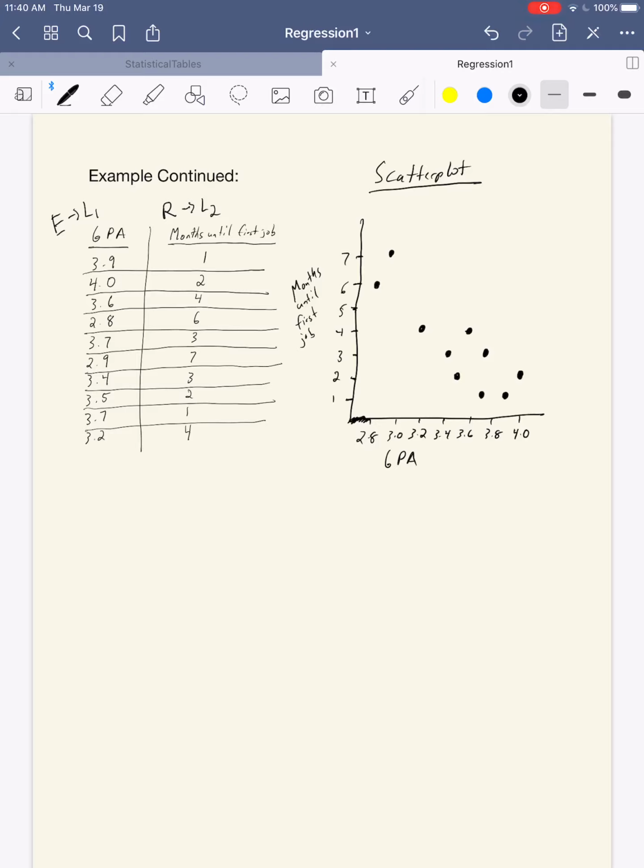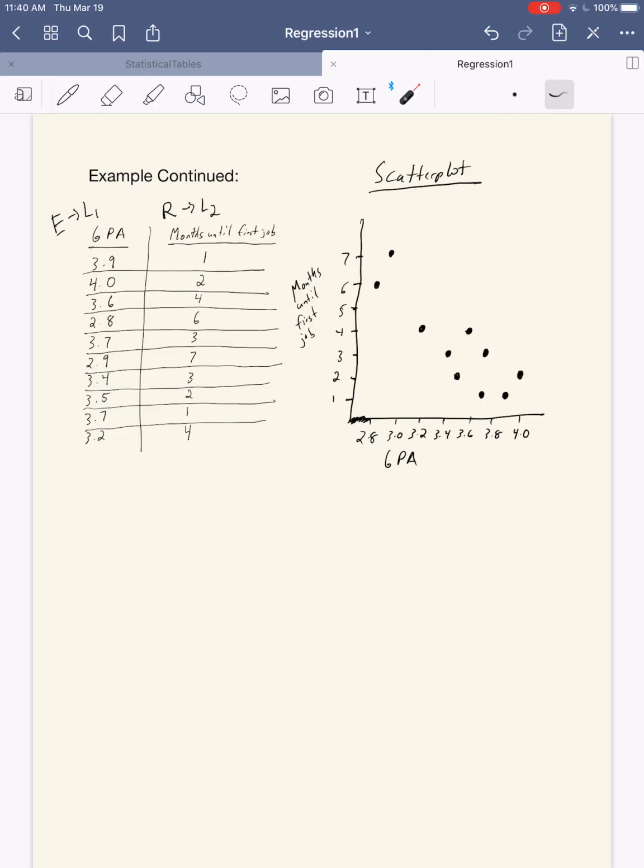Now, visually, right, the thing that we should be able to get immediately from the visualization is whether or not we're seeing a positive or negative direction here. Now, a positive direction means that we're seeing something like that. Clearly not the case here. Negative direction means we're seeing something like that. Definitely seems to be what we're looking at here. So even just based off the visualization, we're expecting a negative direction.